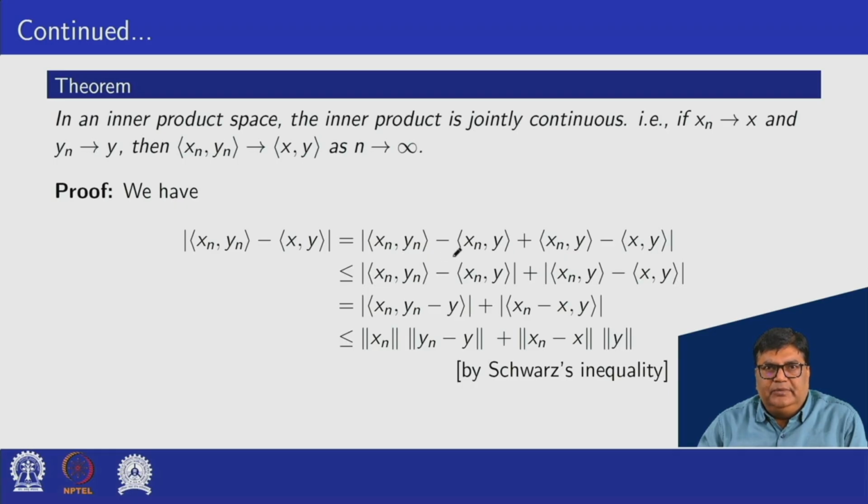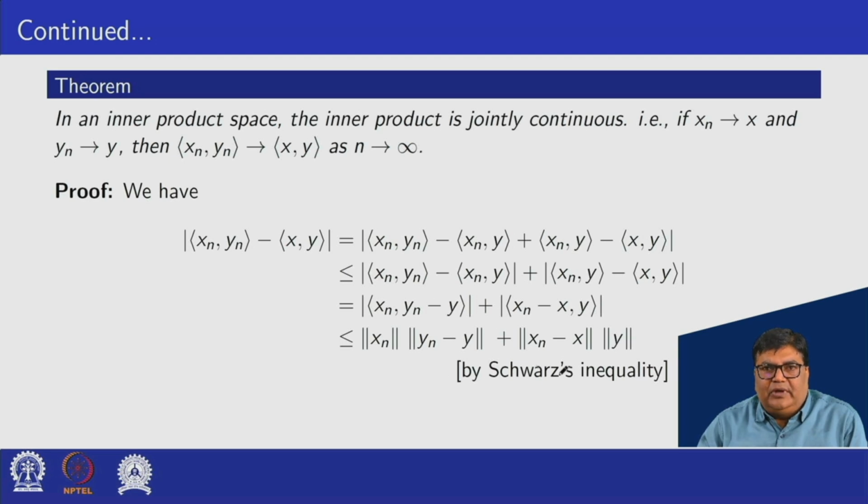Using the first property of inner product, this can be written as inner product of x_n, y_n minus y, and this term can be written as inner product of x_n minus x, y.